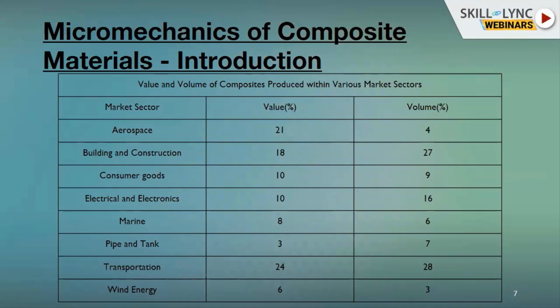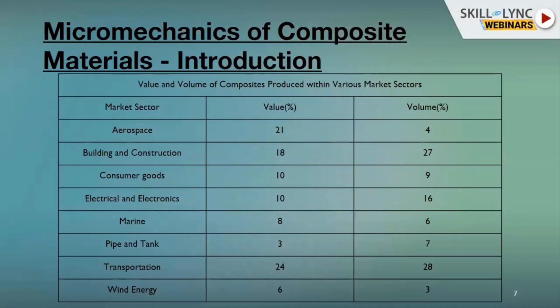A few of the fighter aircraft even go up to 95% composite materials. In building and construction, we have a very good up to 18% by value, and 27% by volume of building and construction materials are made up of composite materials.